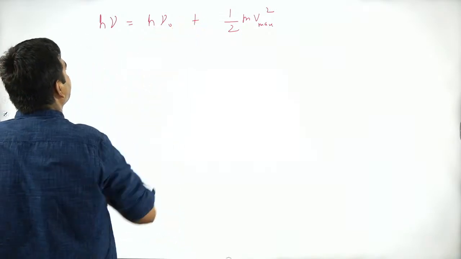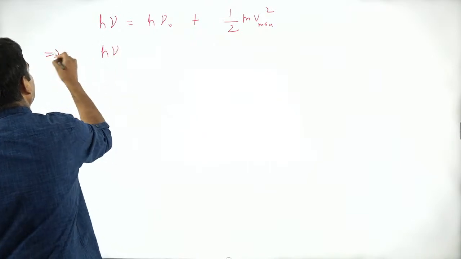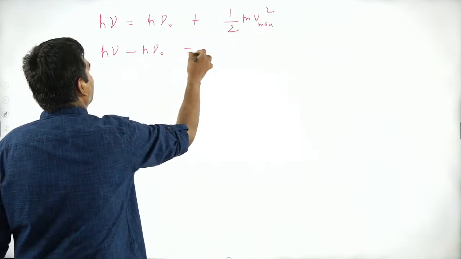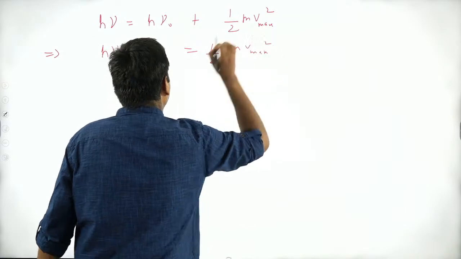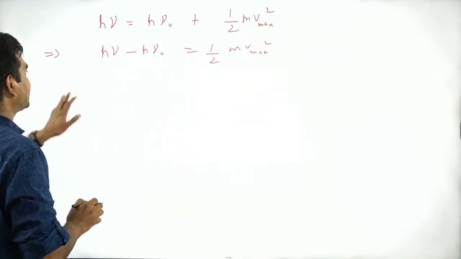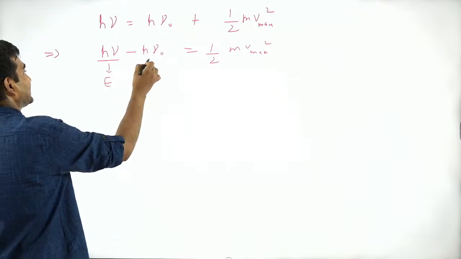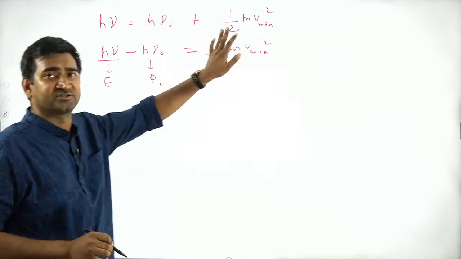Now from there, can I have this relation? h nu minus h nu naught is equal to half m v max whole square, right? So this is my incident energy, this is my threshold energy, and that is my velocity part.